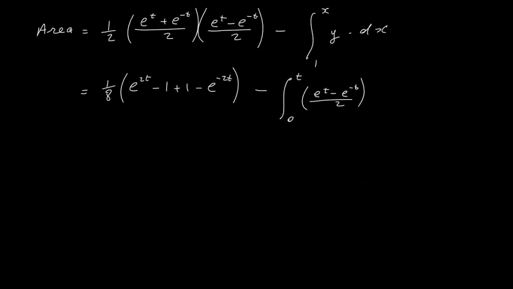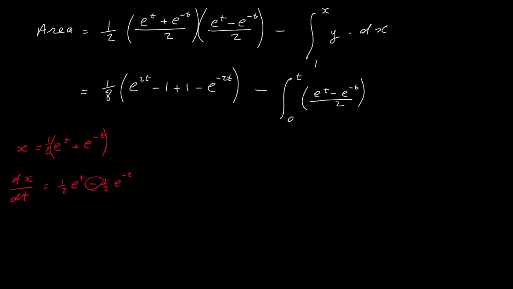So we know that x is equal to cosh of t, and cosh of t is e to the power of t plus e to the power minus t times a half. So if we differentiate, dx dt, we'll get half e to the power of t and then minus a half e to the power minus t.